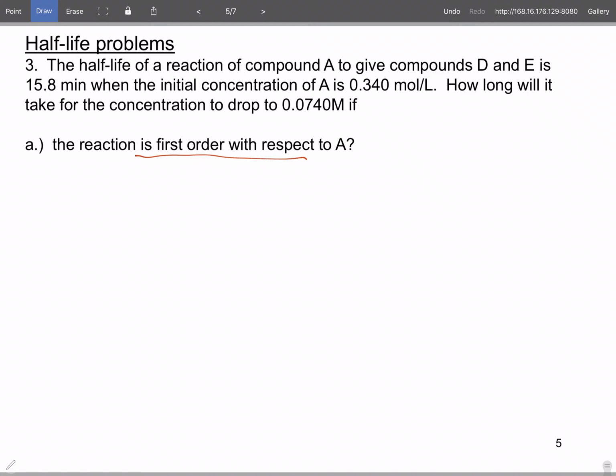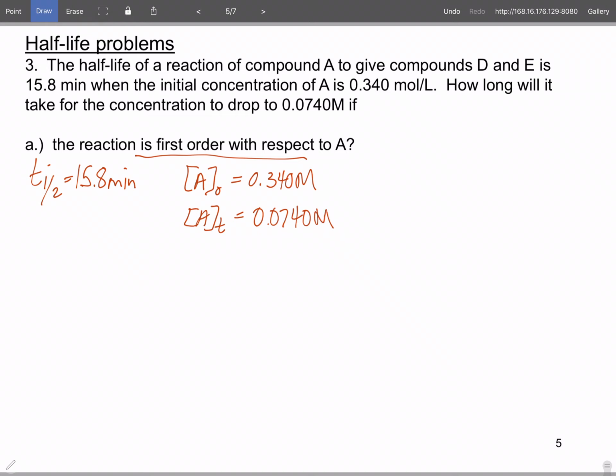We're told the half-life, so T1/2 is equal to 15.8 minutes. Initial concentration is A sub 0, which is 0.340 molar. How long will it take the concentration to drop? And so we're looking for the time.